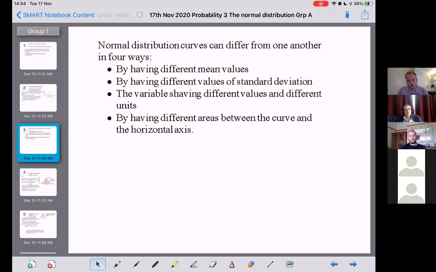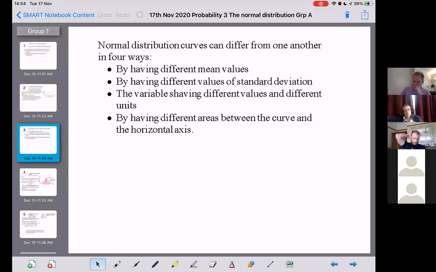For example, they can have different values of standard deviation. You might get a sample that's really spread and the standard deviation is quite high. You can get another sample where the standard deviation is quite low and the sample's not that spread.